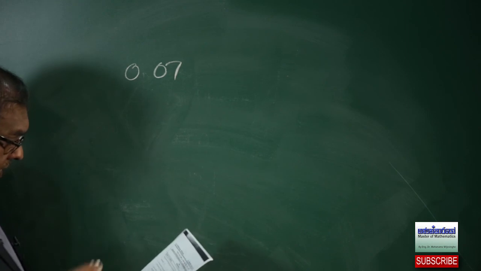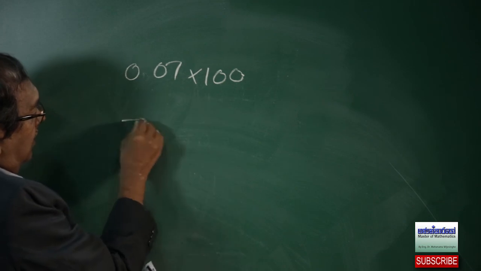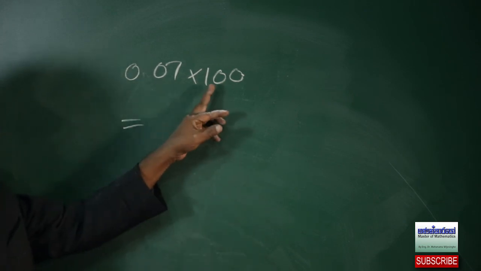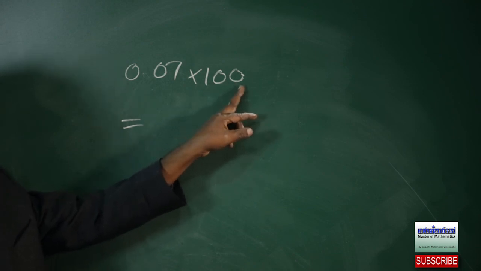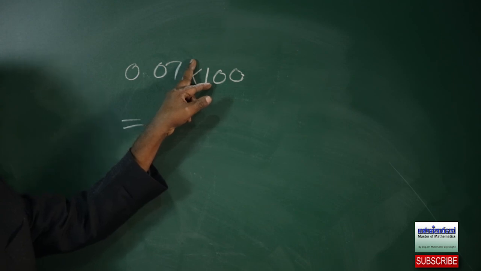Therefore, 0.07, we have to convert this to a percentage. To convert this value to the percentage, we have to multiply by 100. When we multiply by 100, we take the decimal 2 positions forward.